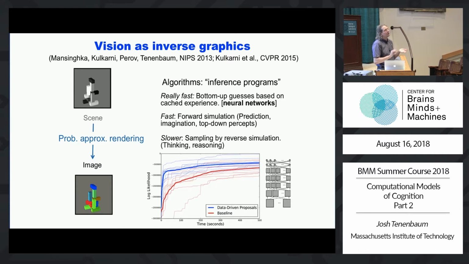And this is where neural networks have come in, right? So I'll show you some of that a little bit later, ways that we can use neural networks to basically learn very fast approximate inference in probabilistic programs. But there's no free lunch in that while they are very fast, they are very specific to a particular program or program structure that is used to train them.